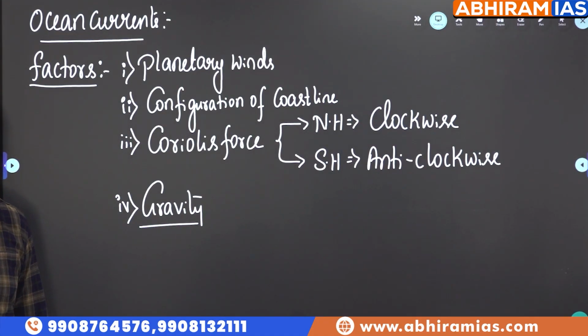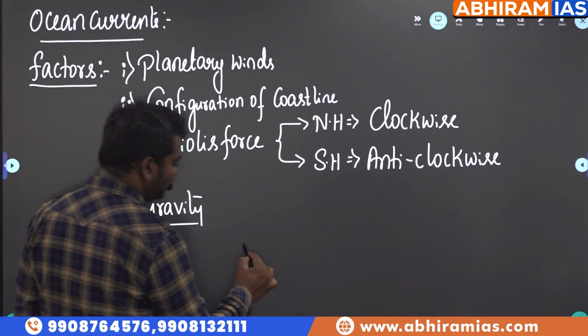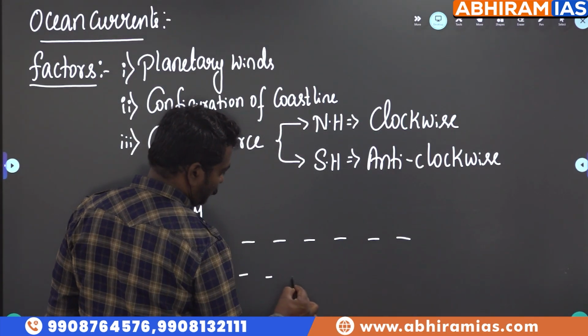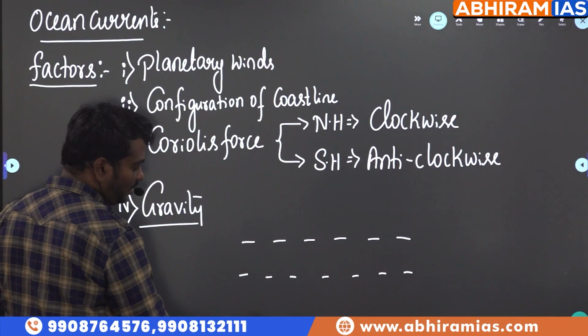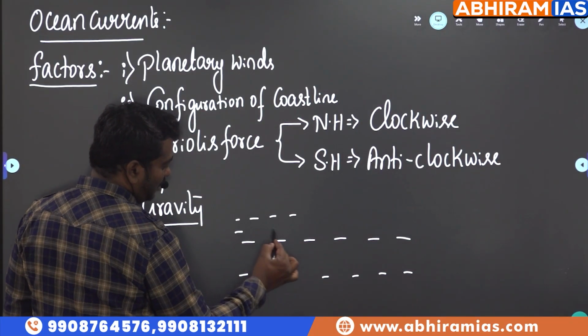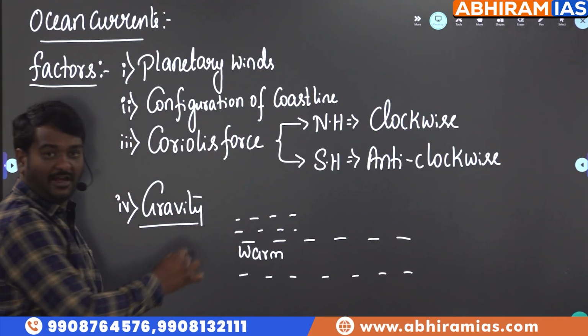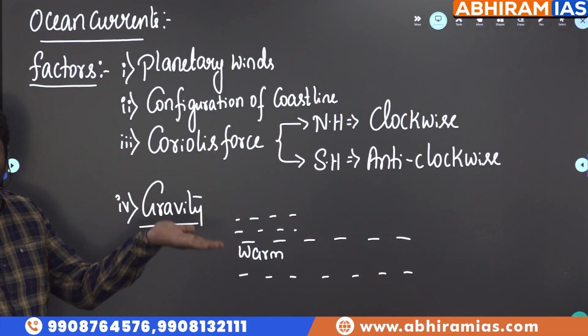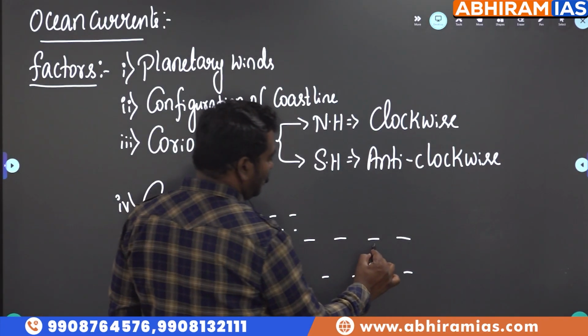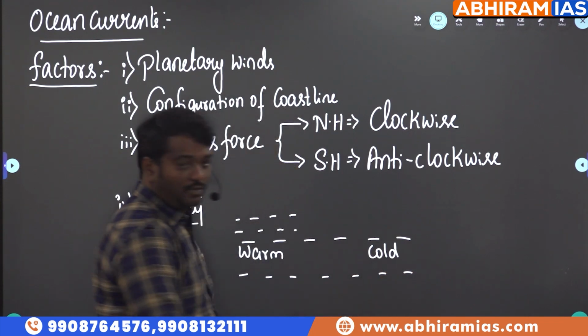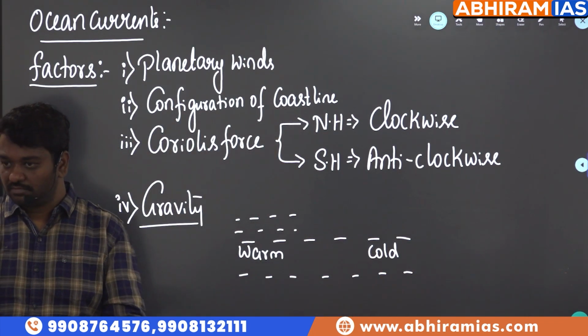Gravity. What is gravity here? See here. We have water. Can I say warm water will be a little higher? Warm water will be a little higher. Cold water will be a little lower.